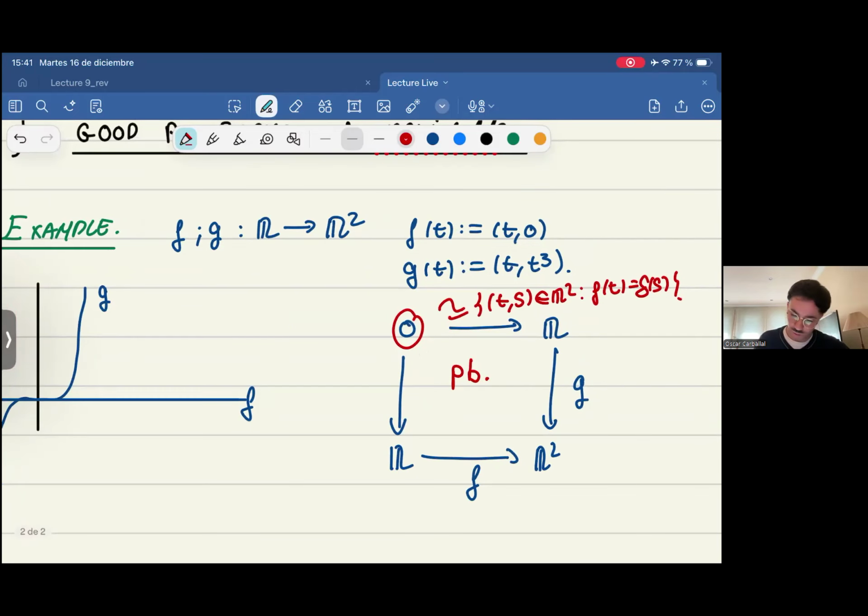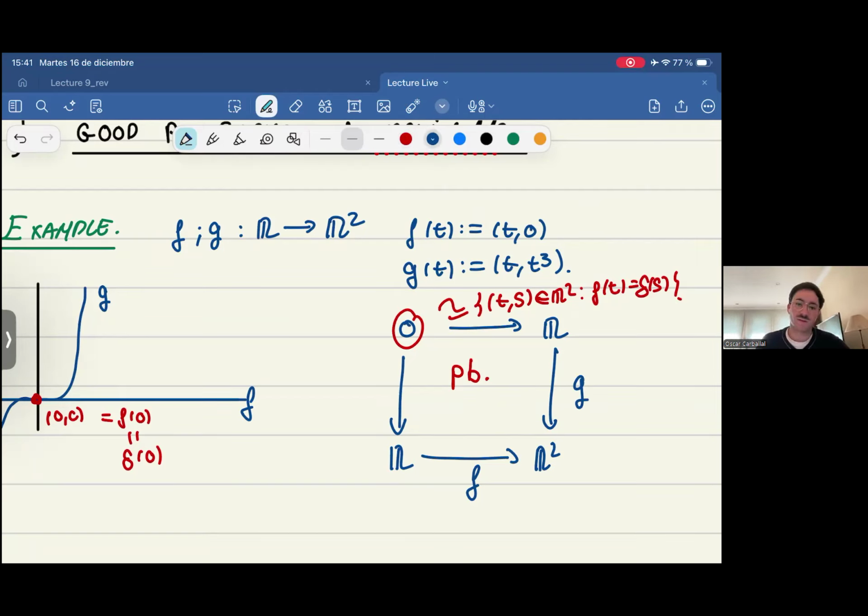This is because if f(t) equals g(t), the intersection point of these two curves is only the origin, this point here.